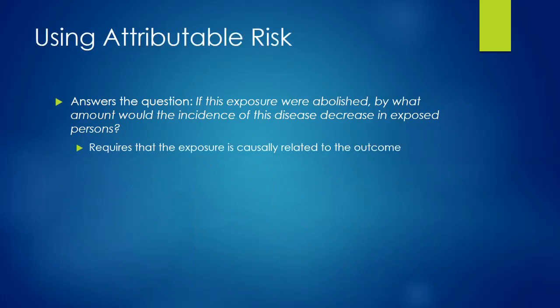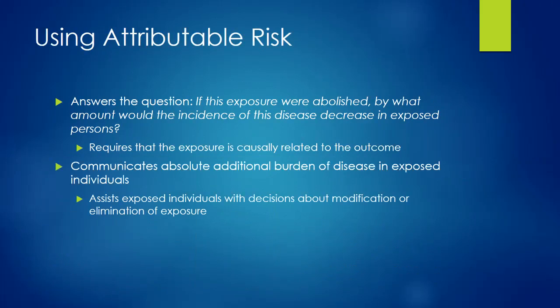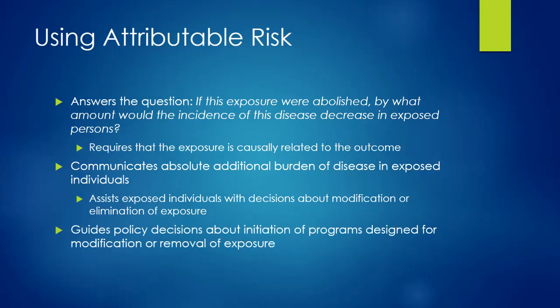Using the attributable risk requires that we already think there's a causal relationship between the exposure and outcome. So typically we don't do these initially, it's after we've built the evidence that there is a causal relationship. It communicates the absolute additional burden of disease in exposed individuals as well. So patients could make decisions about engaging in particular behaviors based on the attributable risk. It helps people decide whether or not they want to modify or eliminate this exposure.